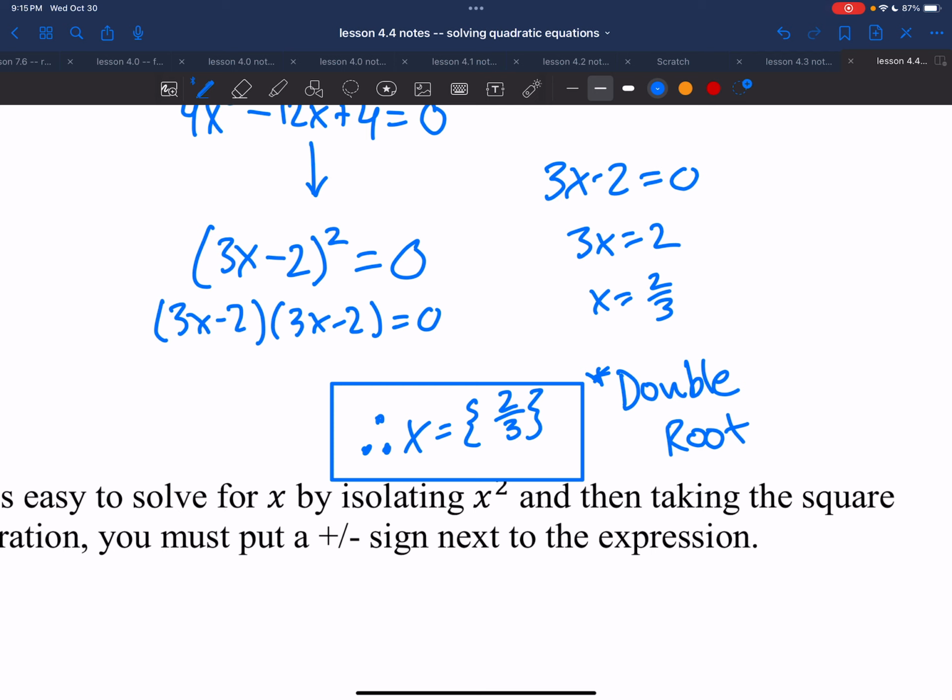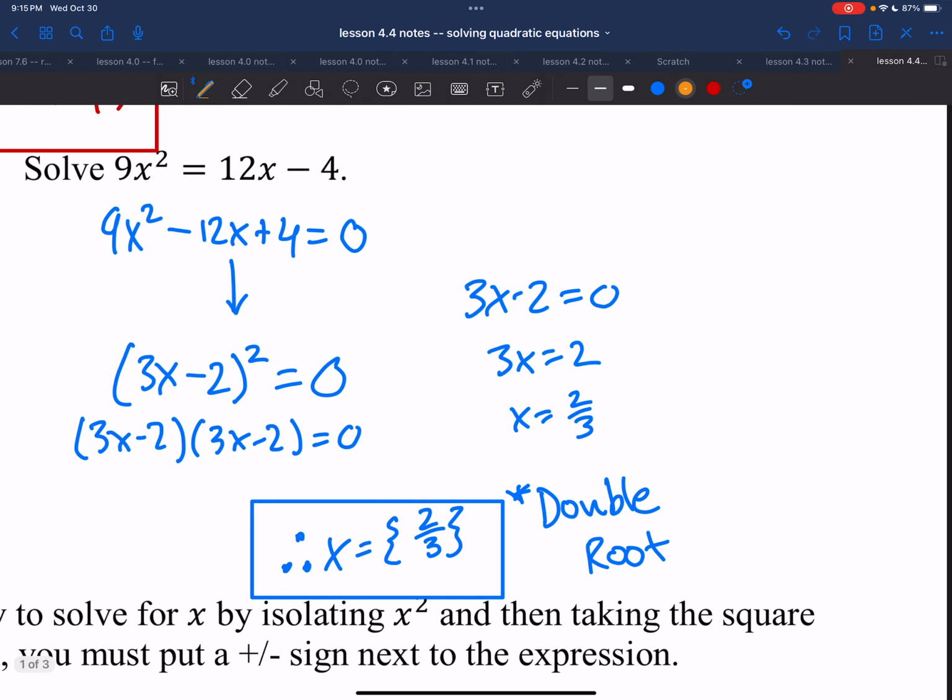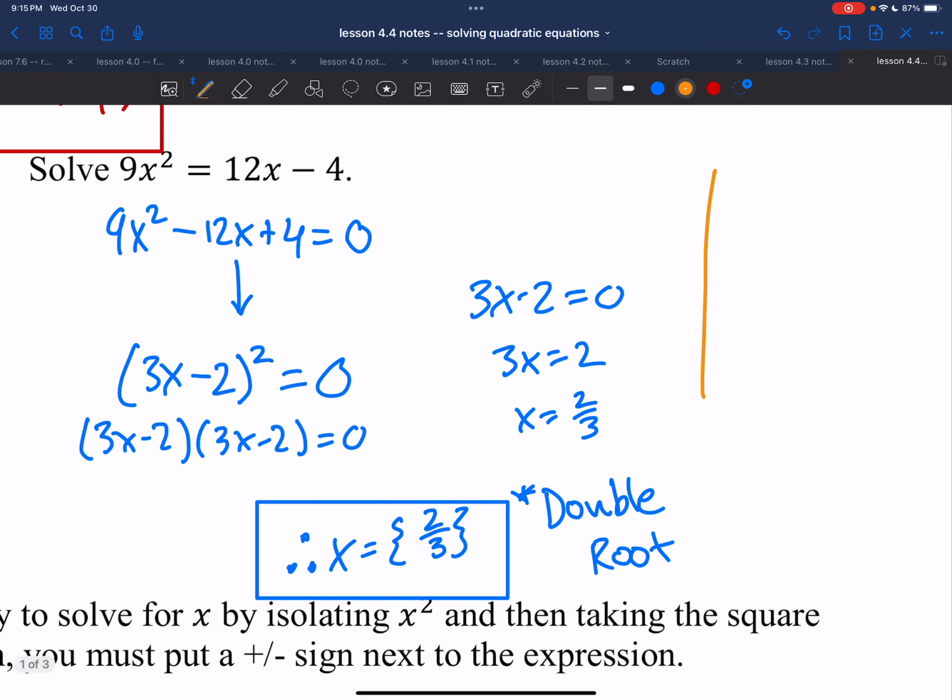Some astute students pointed out in class that if your quadratic has a double root, well, if you're a parabola like this, you have no real roots. That means you have 2 imaginary roots. If you have a parabola like this, then you have 2 real roots. But to have a single root, which is a double root, would have to mean that your parabola only intersects the x-axis one time.